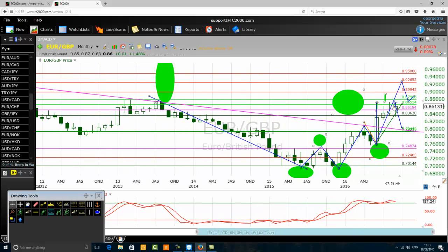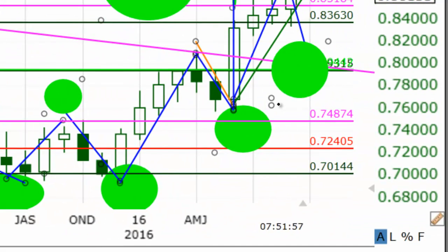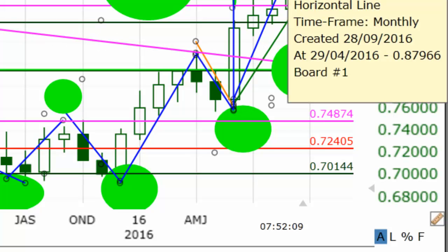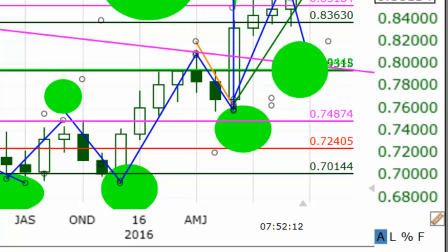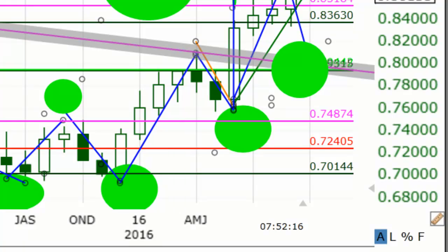It finally managed to break above, which is historic. Now the market is expecting it to retest it. So, though I have counted first wave, second wave, and I'm thinking maybe this is a third Elliott wave, in my mind, I will be happier if it pulls back to retest this essential trend line here.